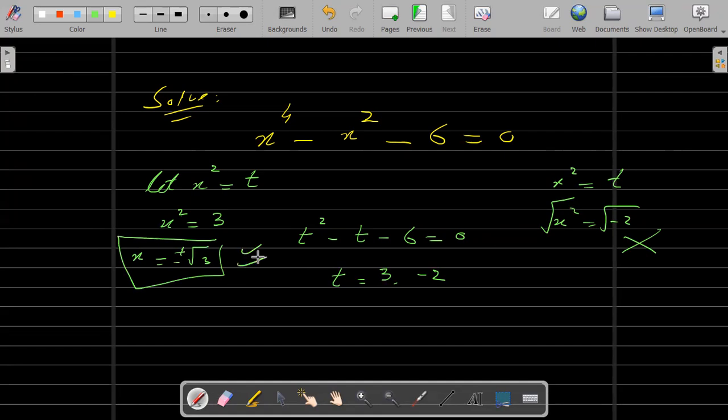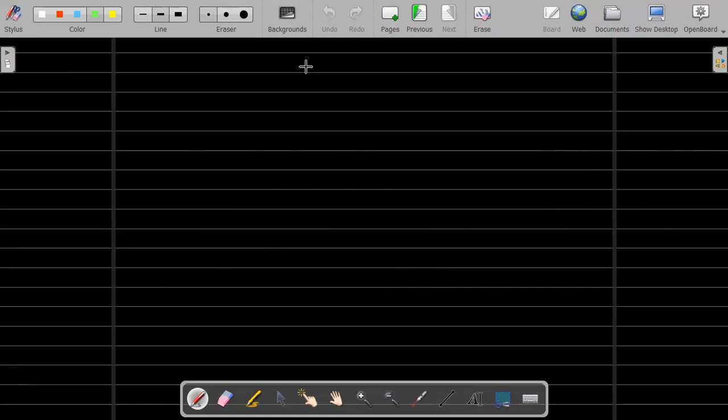I am giving you another example of this disguised equation. Let's say x power 2 by 3 minus x power 1 by 3 minus 6 is equal to 0.